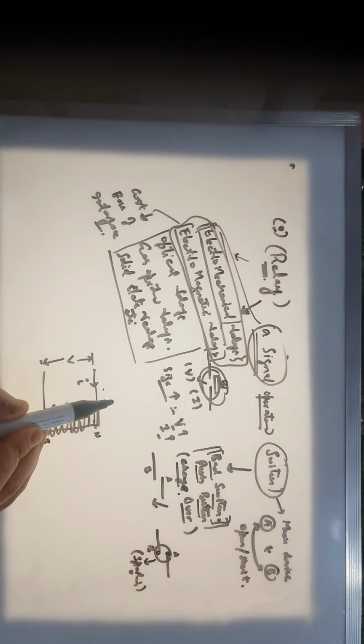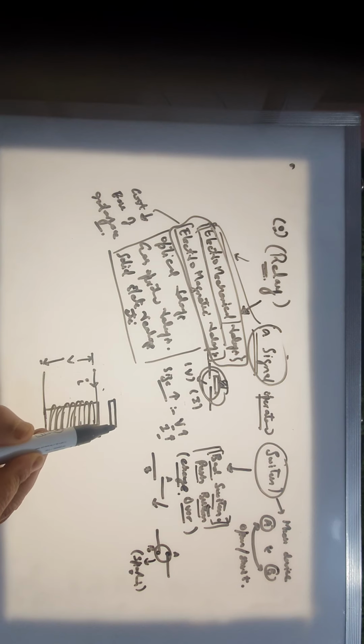Then we have a strip. This strip is such that it will be attracted towards this electromagnet whenever we energize this, and it is kept off when we de-energize this.